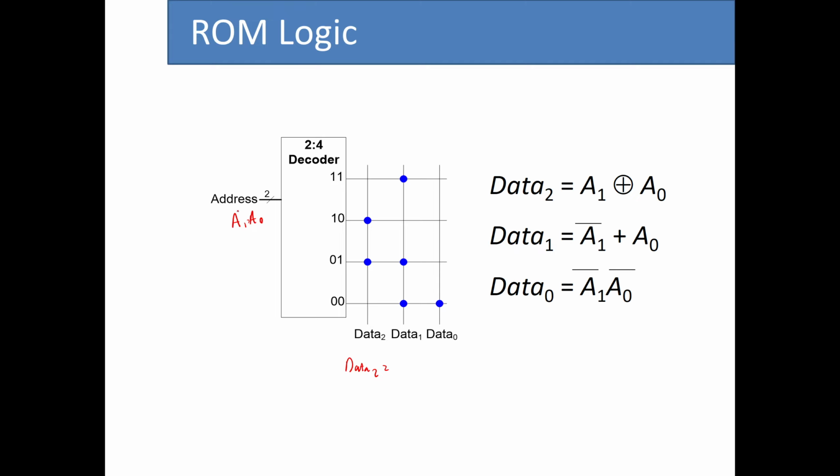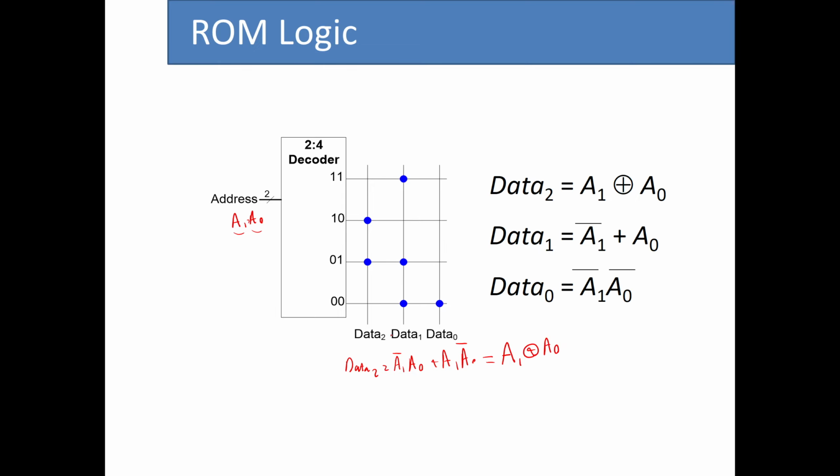This is actually a 2-bit number. So this corresponds to A1 bar A0, and this one corresponds to A1 A0 bar. And you know from the definition that this is basically A1 being XORed with A0.